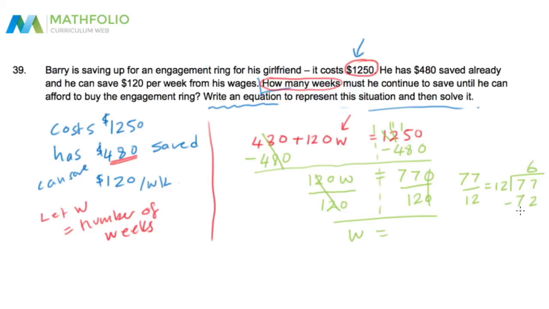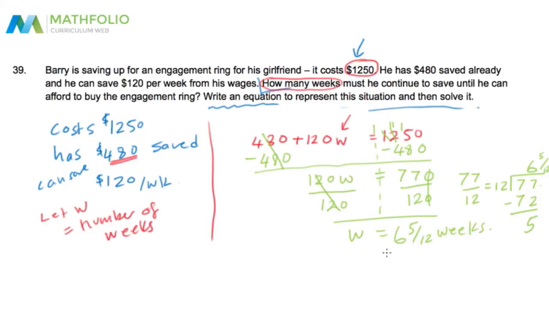If we take this away, we would be left with a 5 there. So the remainder is 5. Now, what we can do in this case is, instead of continuing this decimal on and dropping down zeros, we can take that remainder, the 5, and put it back over the 12. So our answer is 6 and 5/12 weeks.